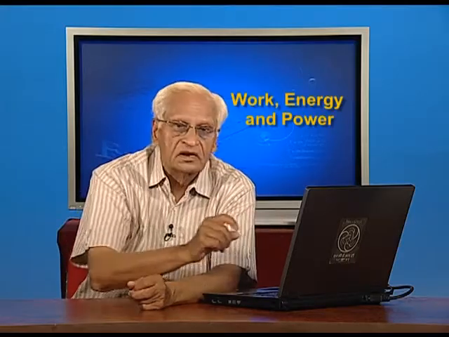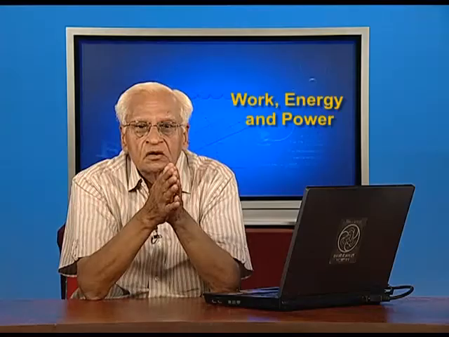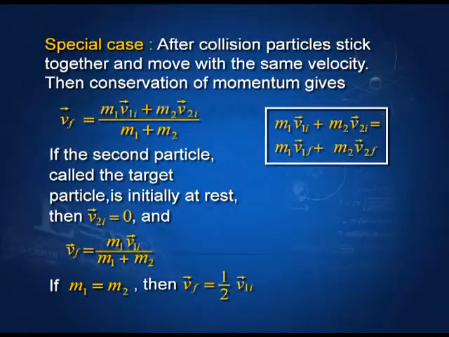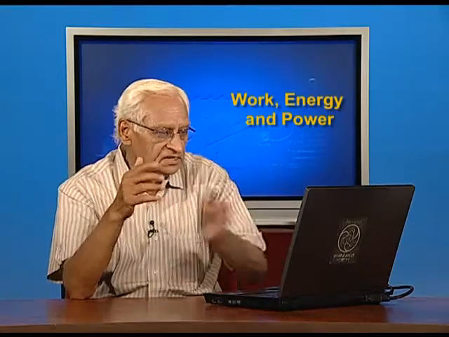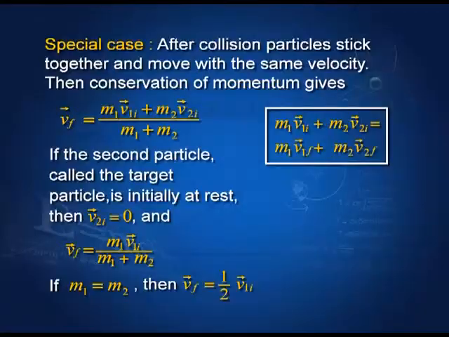If the second particle, which we always call the target, is initially at rest, then v2 is 0, and then Vf, the final velocity of the two sticking particles, is m1 v1 initial divided by m1 plus m2. And if m1 is equal to m2, you can easily see that the final velocity is half the initial velocity of particle 1.